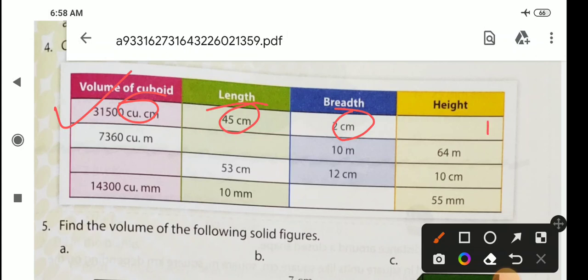Here we have to find out height. Height formula is, children, you know, volume by length multiply breadth. Okay. Then here length formula is volume by height multiply breadth. So like this you remember that box and put the formula and find out the answer.